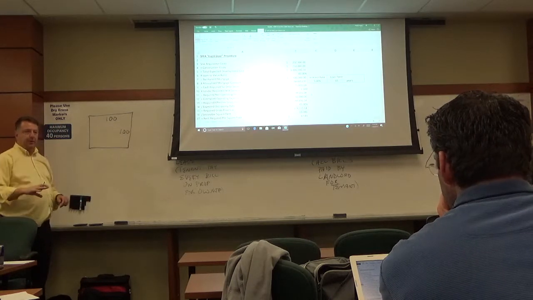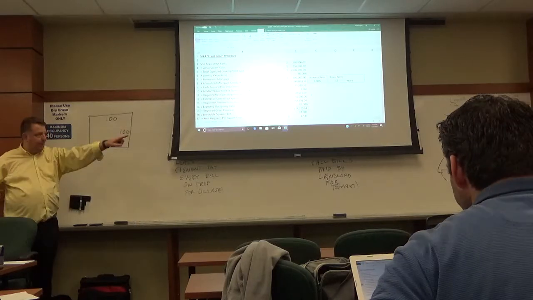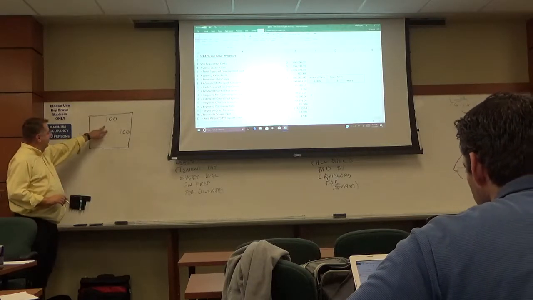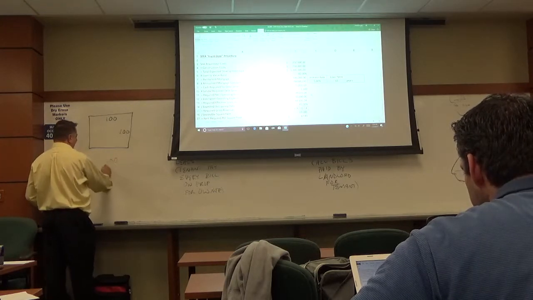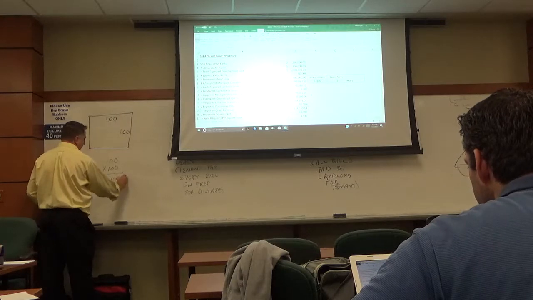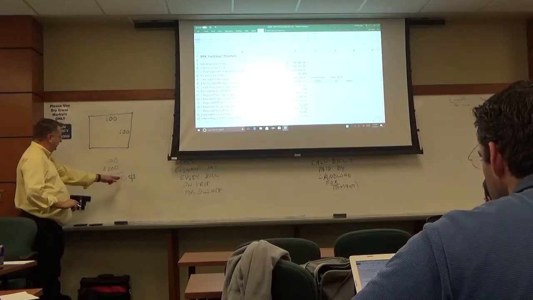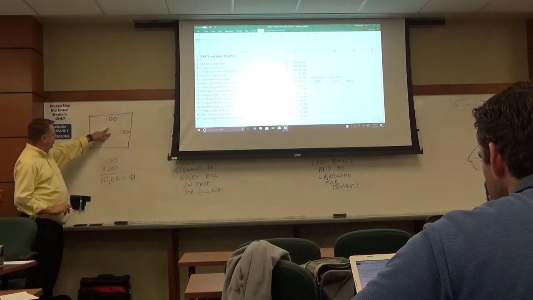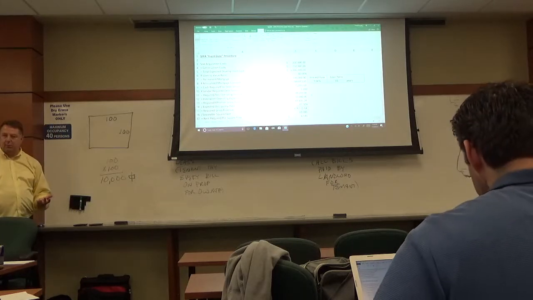Interior wall to interior wall, so I'm measuring from here to there, and there to there. So 100 feet in both directions. Now, 100 times 100 is 10,000 square feet for the building, and I would consider that to be leasable square feet.